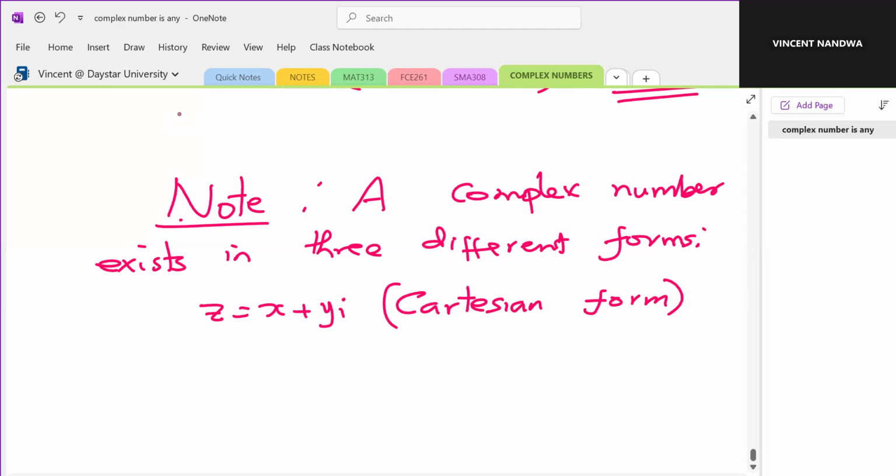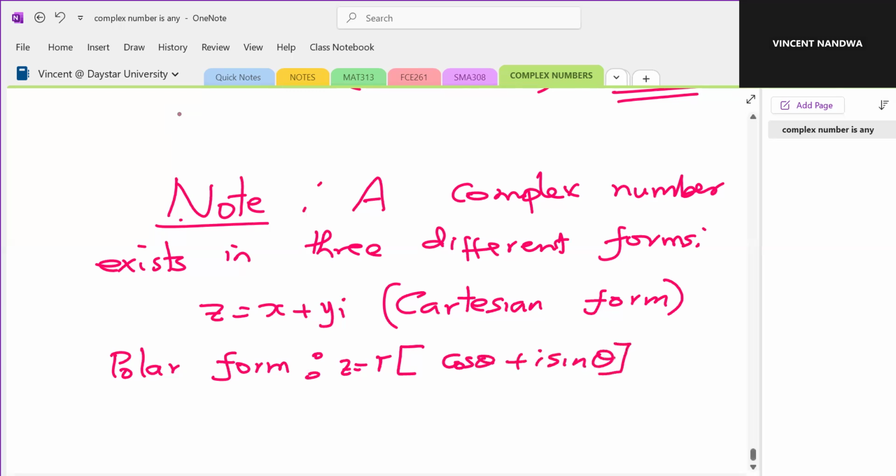And then there's what we call polar form. And polar form is z is given by r into cos theta plus i sine theta. And there's what we call exponential form, which is z equals to r e raised power i theta.